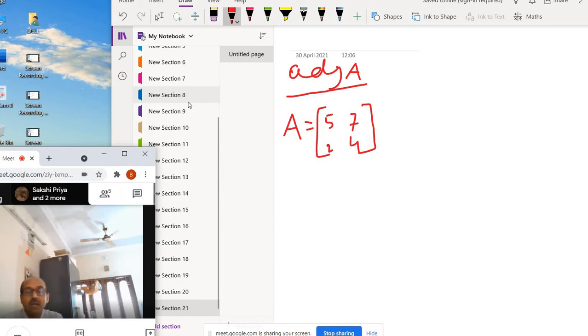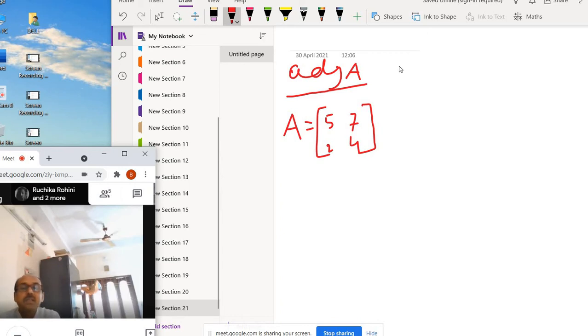So, what is the cofactor of 5? Cofactor of 5, actually its name is A11. Cofactor of 5 means deleting the row and column along 5. Which element is left? 4. So 4 is the cofactor of 5, and the first sign is plus.